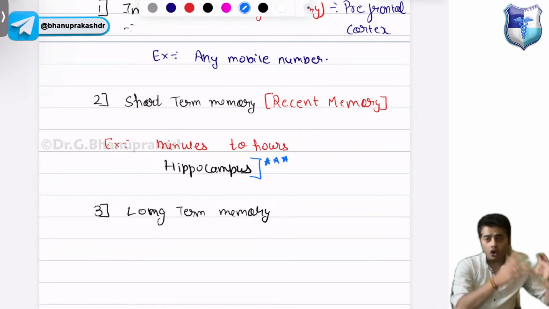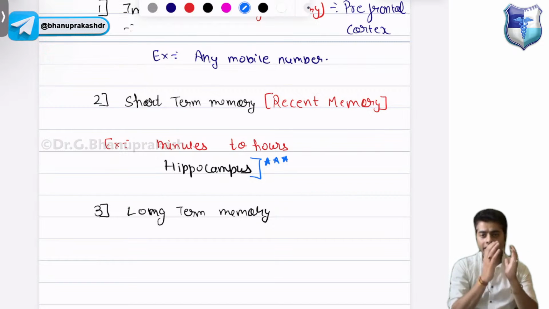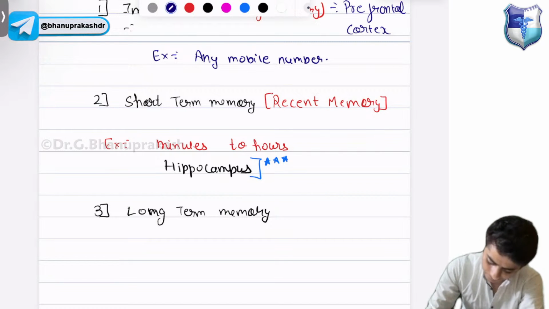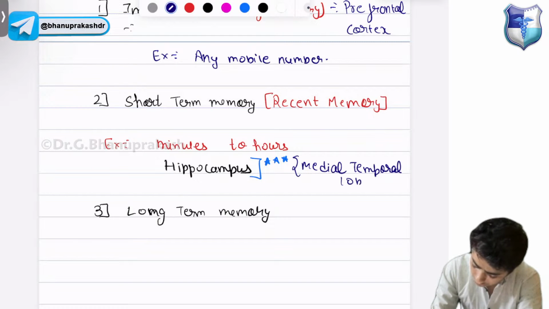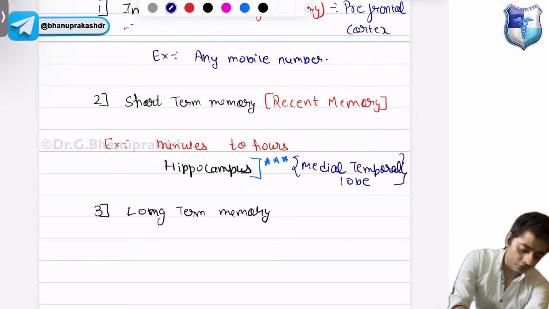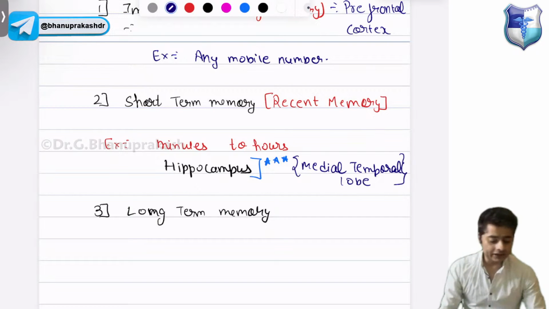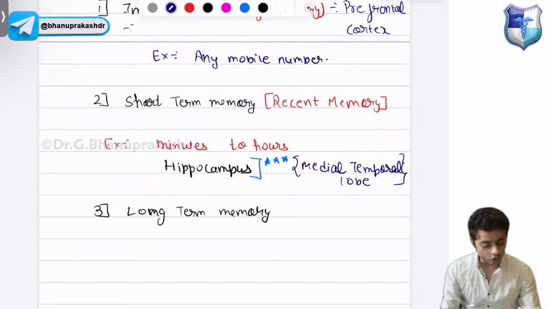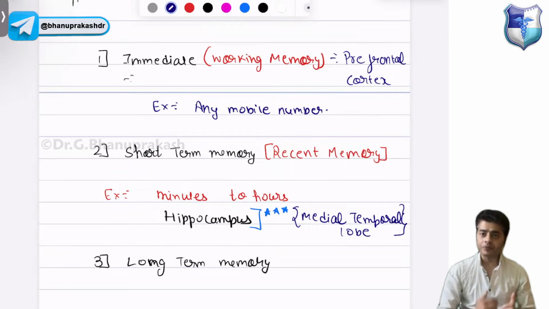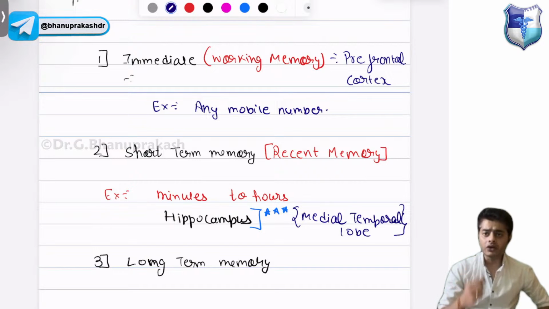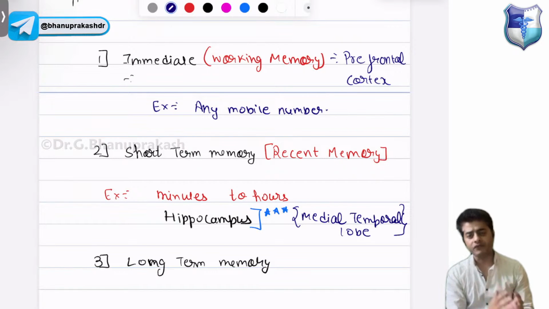So your short-term memory is stored in the hippocampus, which is part of the medial temporal lobe. So you have immediate memory, a working memory, which is controlled by your prefrontal cortex.